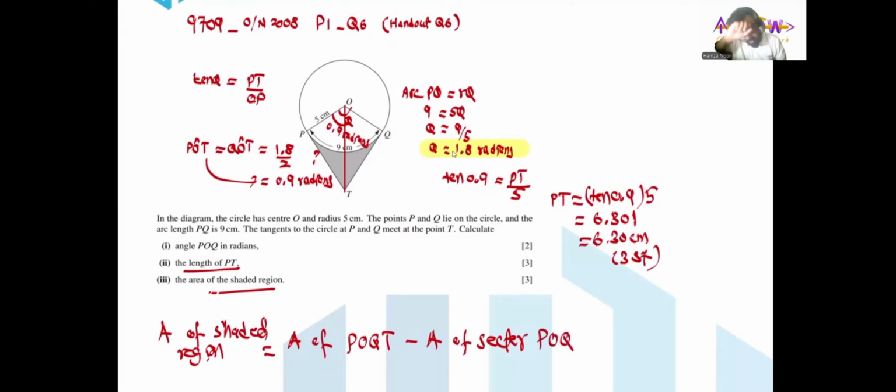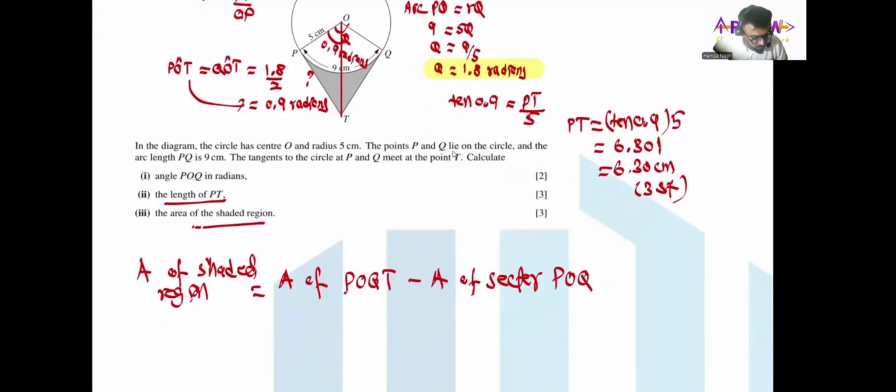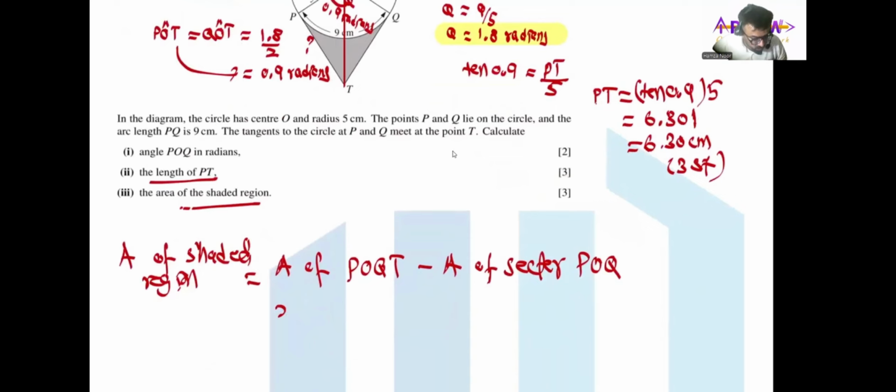Now, to find the area of this four-sided figure POQT, as I've explained, these two triangles POT and QOT are exactly congruent to each other. So we are going to add the areas of the two triangles. Area of POQT is the same as 2 multiplied by the area of triangle.